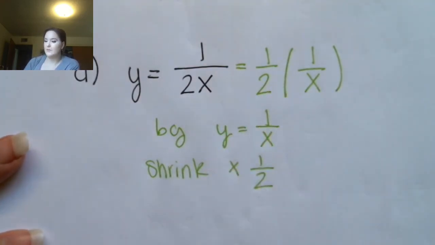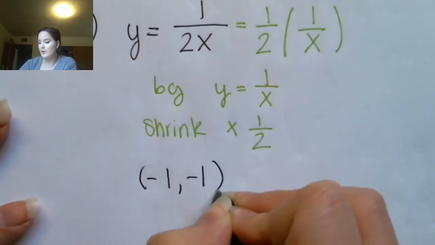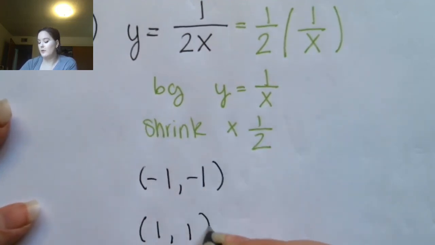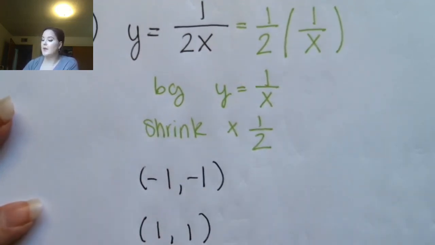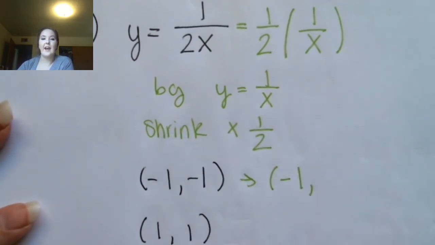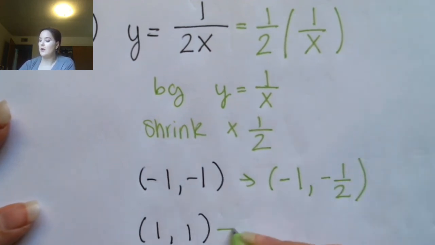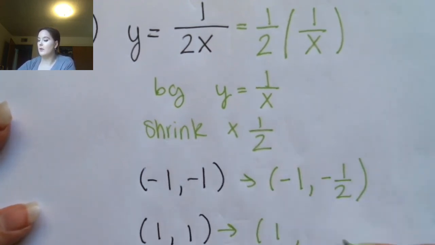My old key points, again, were -1, -1, and 1, 1. So my new key points are going to have the same x coordinate and half of the y coordinate.